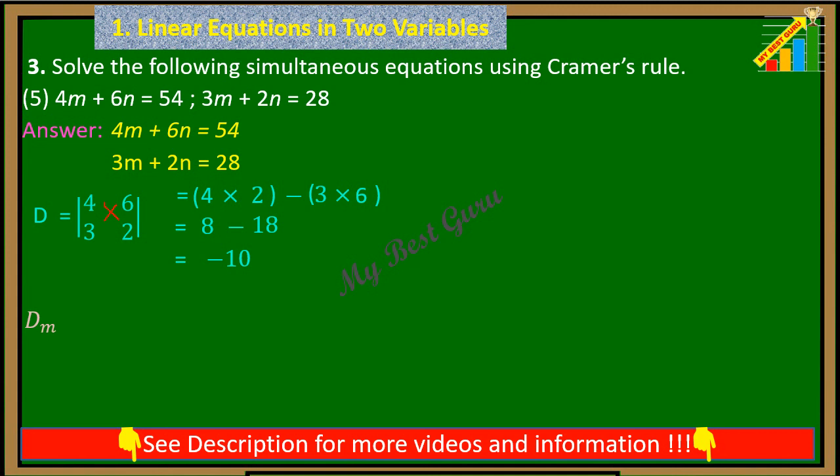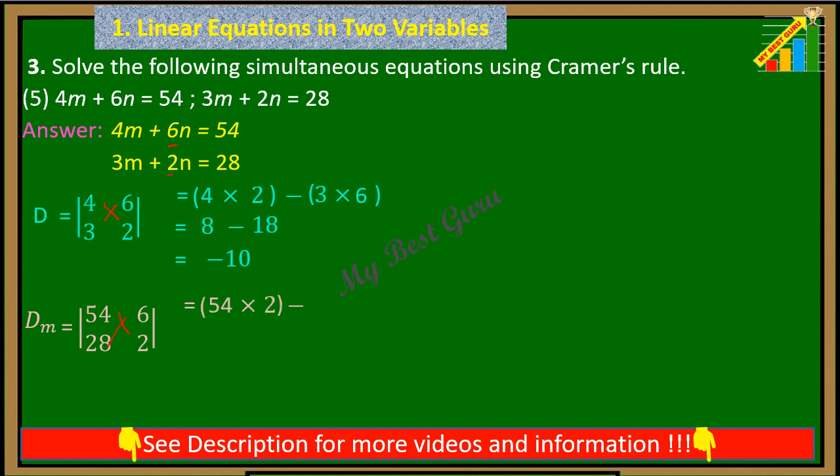Now Dm, as we have to find out the value of m and n, so we have to take here Dm. So Dm is equal to C and B. So C is 54, 28 and B is 6, 2. Now cross multiply these two, then you will get the value of Dm.